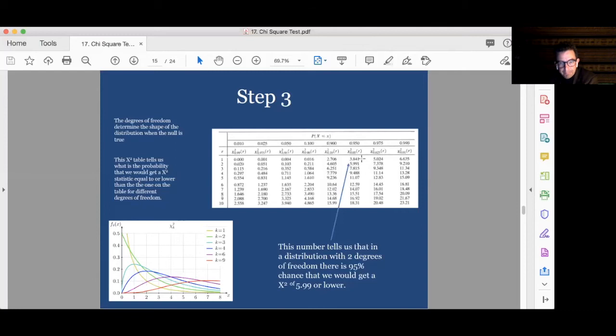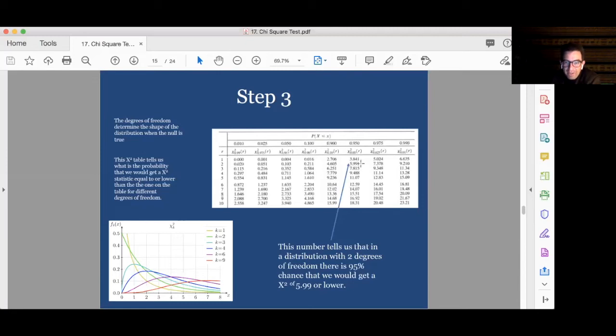Let me say that again. From tables that come from a population where there's no relationship with 2 degrees of freedom, if we calculate the chi-square statistics for all of them, 95% of the time we'll have a chi-square statistic that is 5.99 or lower.